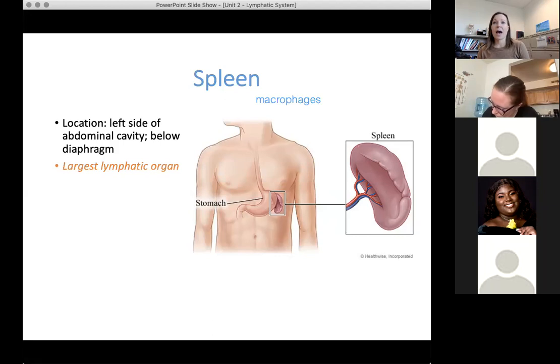Another thing is that it will store the byproducts of red blood cells after they're broken down so that they can be reused.